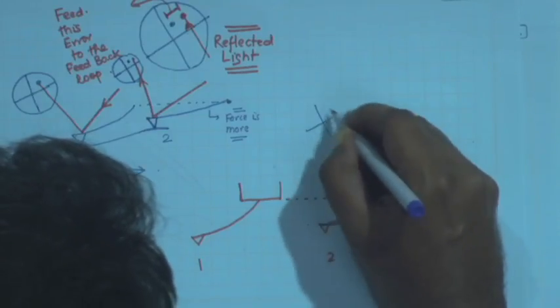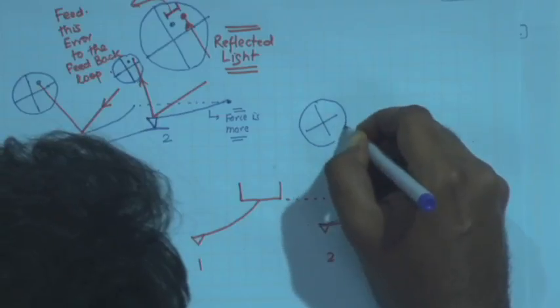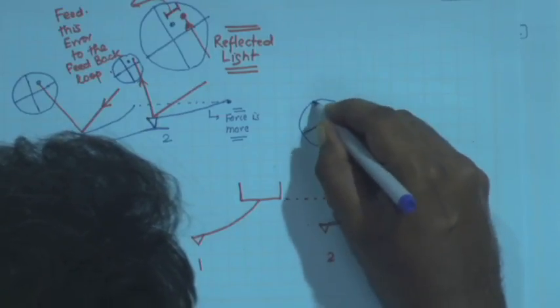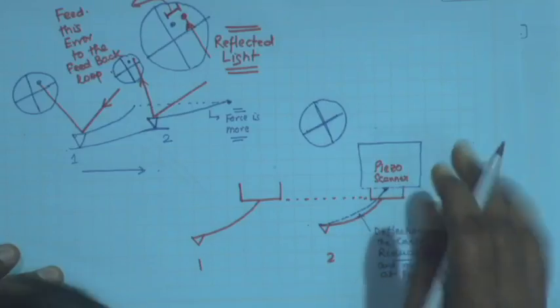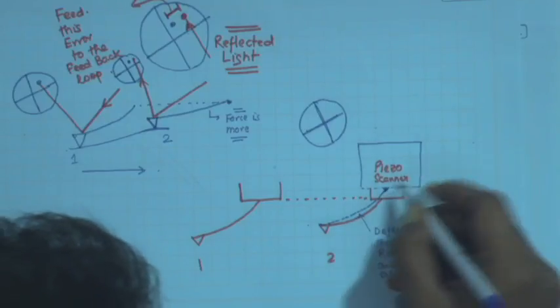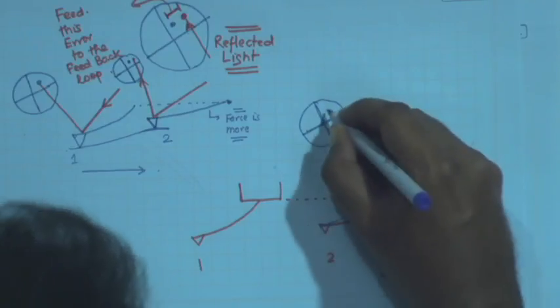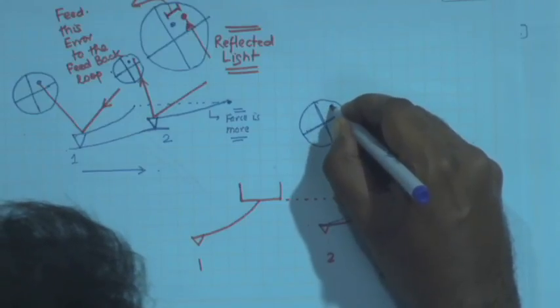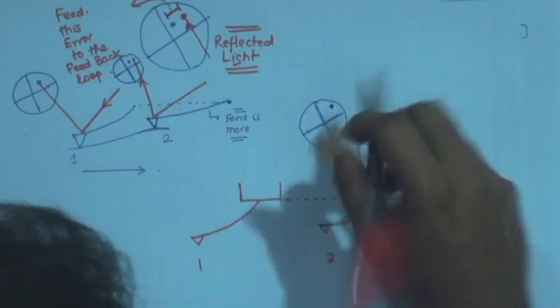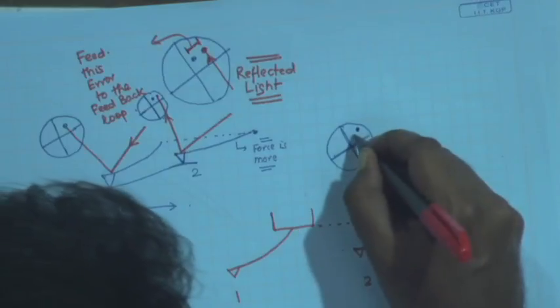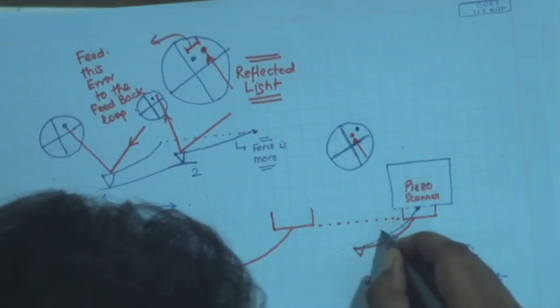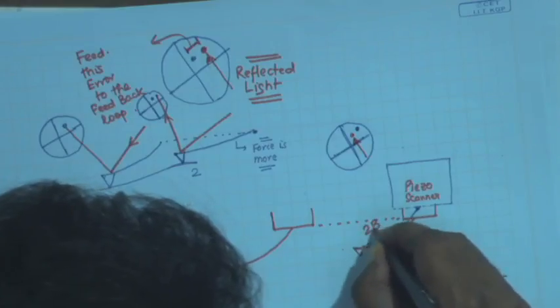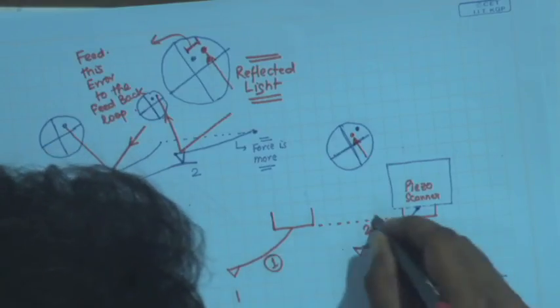So, what would be the consequence on the QPD? As the piezo relaxes, or as the deflection reduces, the light which was falling at this point, the laser, again starts to fall at this point, because the deflection now, let us term it as 2b, matches with the deflection of 1.